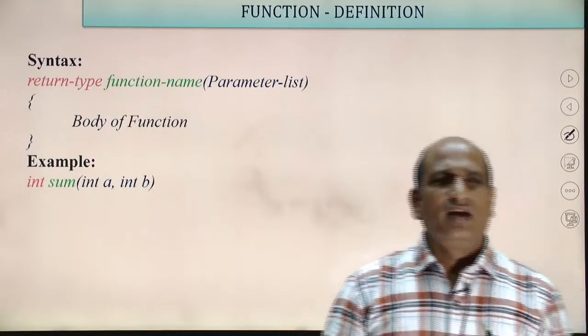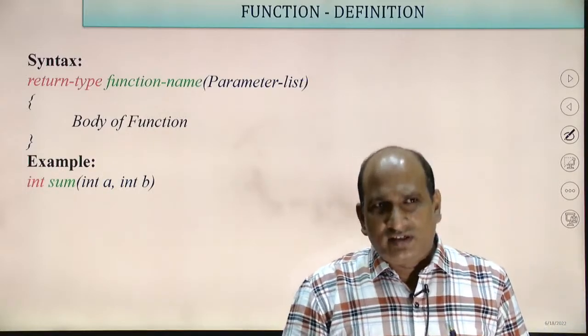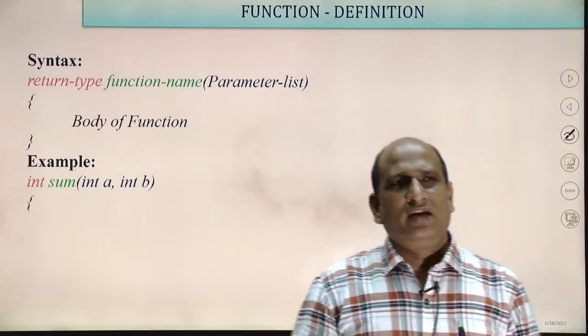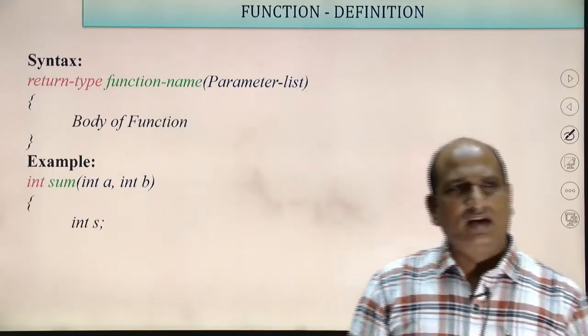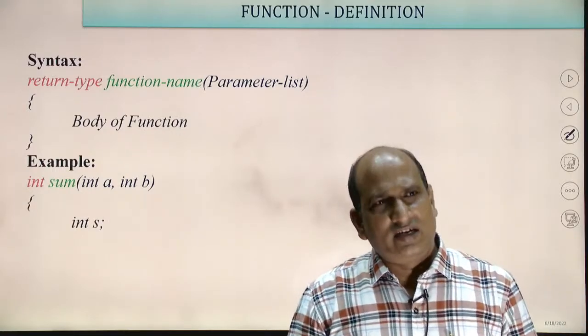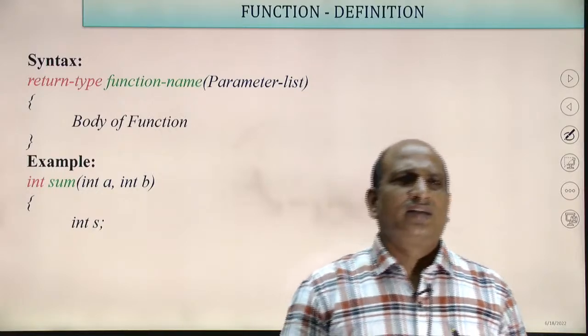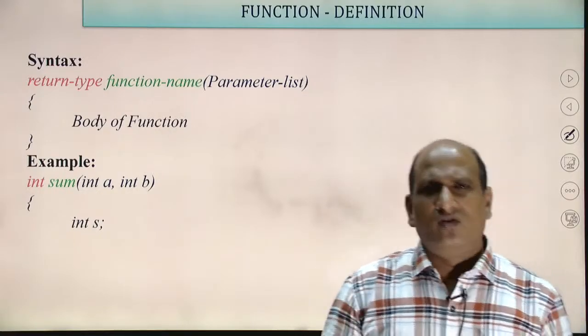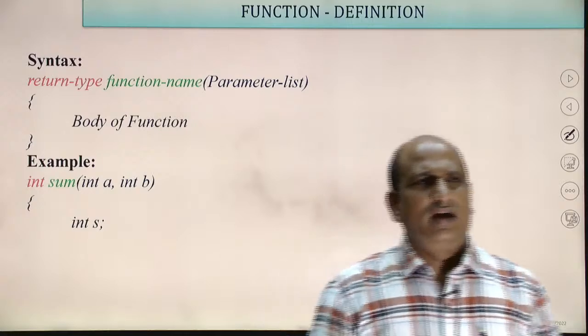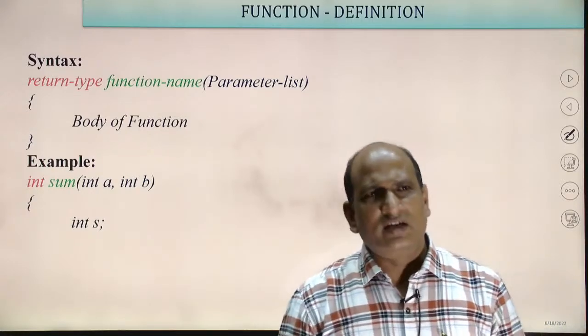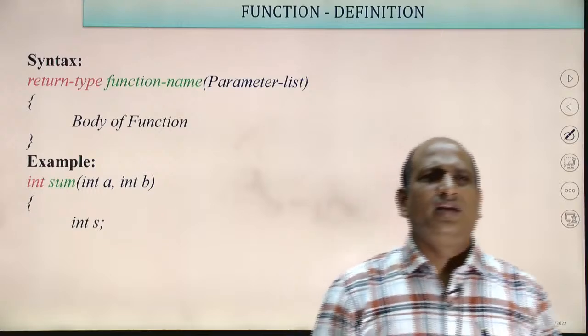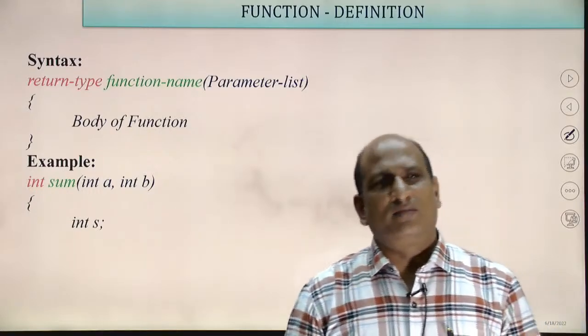For example, in the same sum function we are defining that sum function. Let it have an integer return type, meaning it will return some integer type value after the processing, and sum is the name of that function. Int a and int b are two integer type formal parameters.